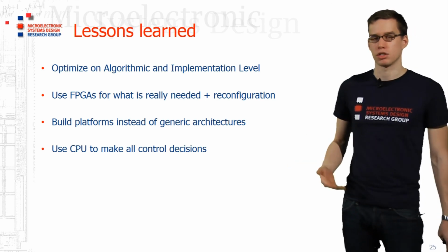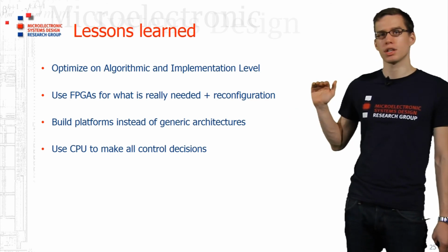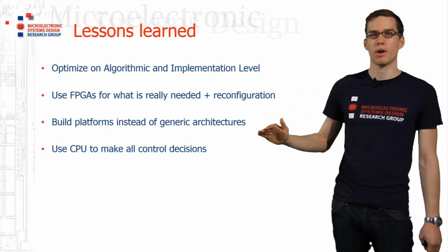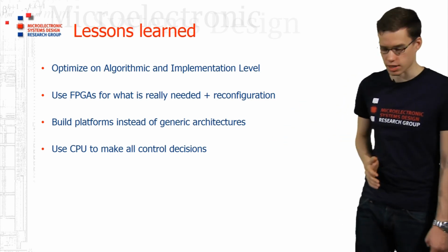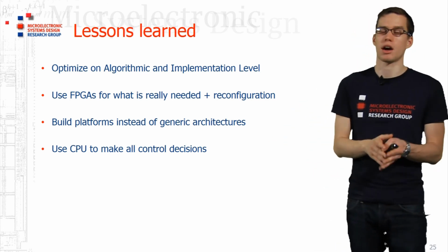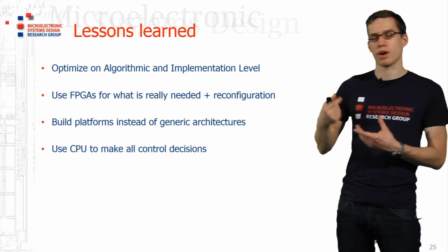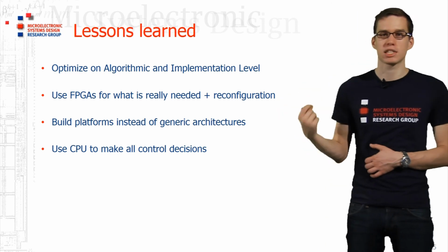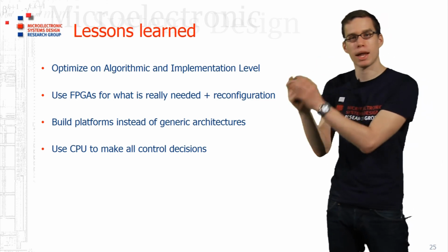Now, why is it so hard to do that? If you want to do that, one thing that's very helpful is to build platforms instead of generic architectures. So as I said before, generic architectures, we don't have to do them. What we replace them with is platforms. So the flexibility is not in the FPGA architecture itself, but it's in the platform.